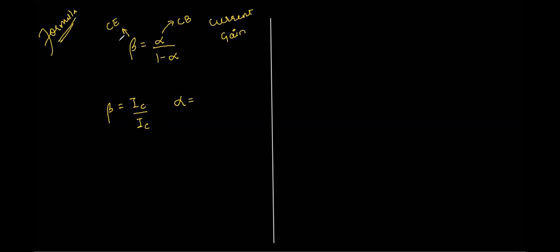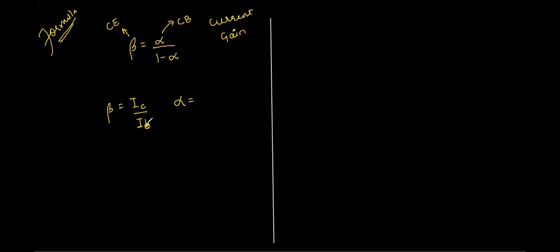In fact, I think I have drawn, let me check this. IC by IE, right? Let me check this once again. Give me a second. Yes, yes. So we'll have a small shift.